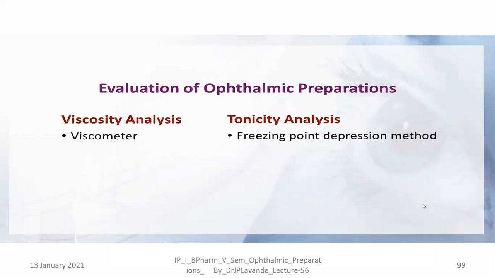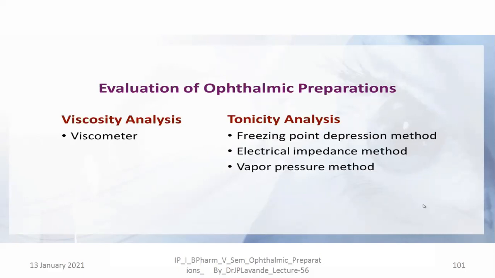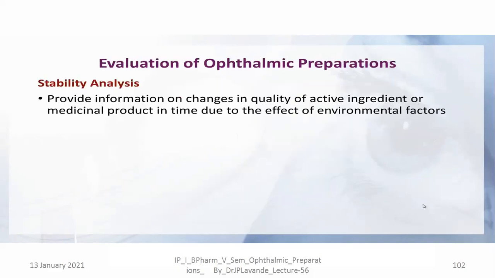That is not desired, and we need to have the optimum osmotic pressure or tonicity that matches that of the lacrimal fluids. This tonicity can be determined with the help of the freezing point depression method, electrical impedance method, and the vapor pressure method. The electrical impedance method is the most important and most common method used to determine the tonicity of ophthalmic products.